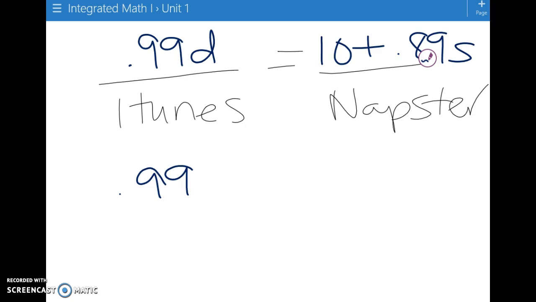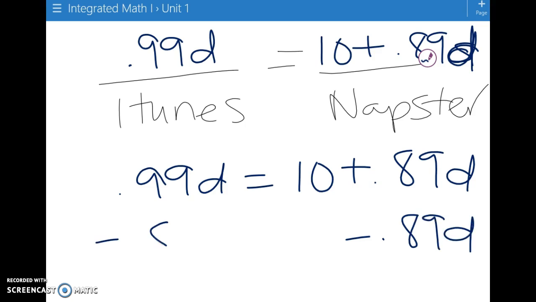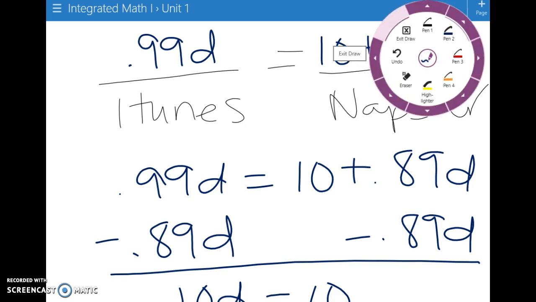So 0.99D equals 10 plus 0.89D. I'm sorry, I should have used D for both of those. We need to go ahead and get our D's on the same side, our variables on the same side. So I get 0.10D equals 10.